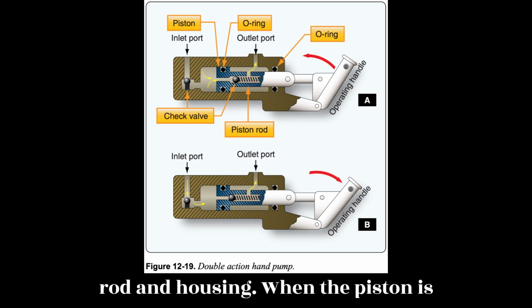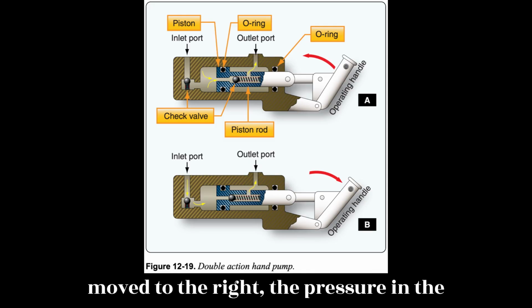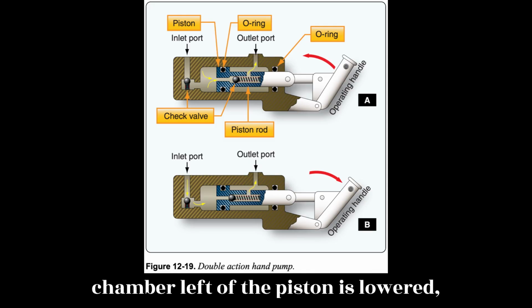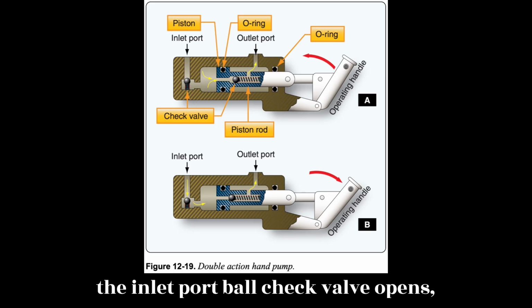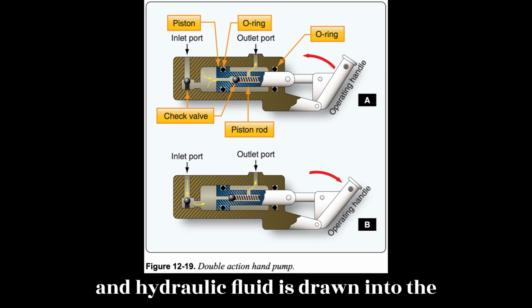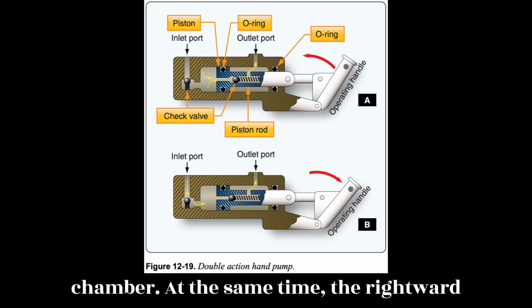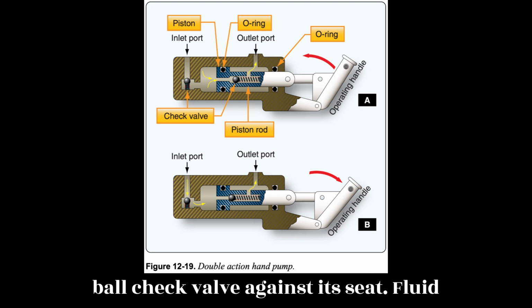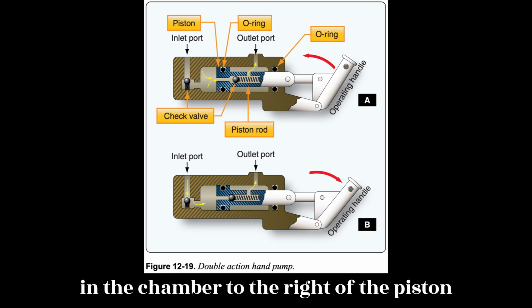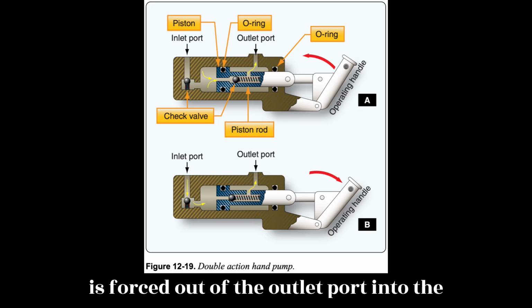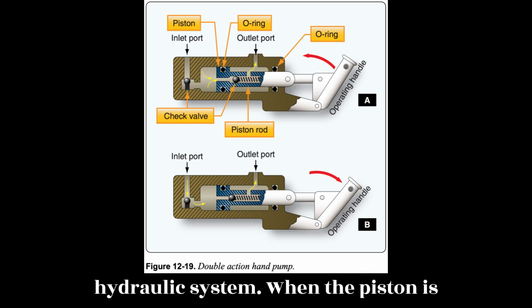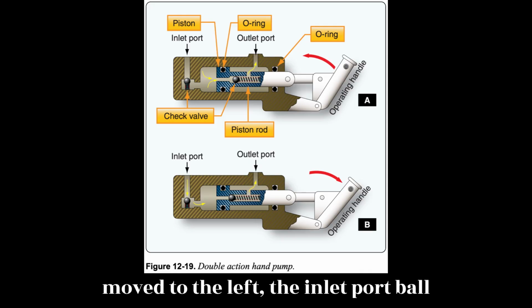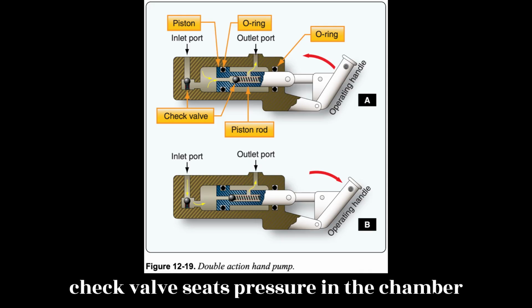housing. When the piston is moved to the right, the pressure in the chamber left of the piston is lowered. The inlet port ball check valve opens, and hydraulic fluid is drawn into the chamber. At the same time, the rightward movement of the piston forces the piston ball check valve against its seat. Fluid in the chamber to the right of the piston is forced out of the outlet port into the hydraulic system. When the piston is moved to the left, the inlet port ball check valve seats.